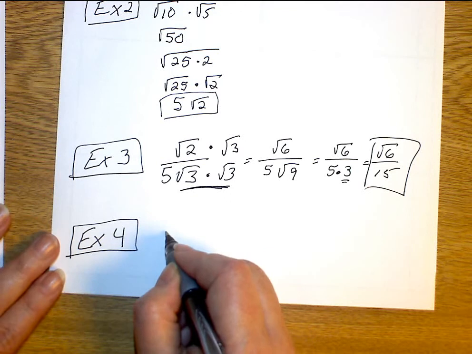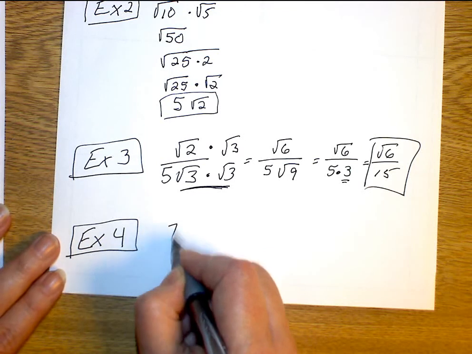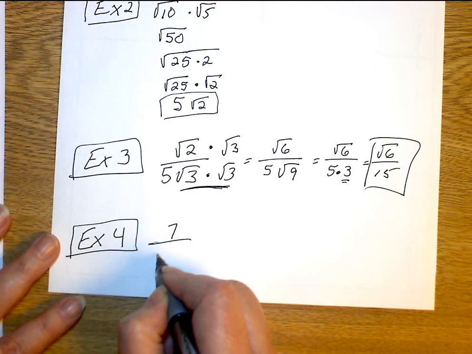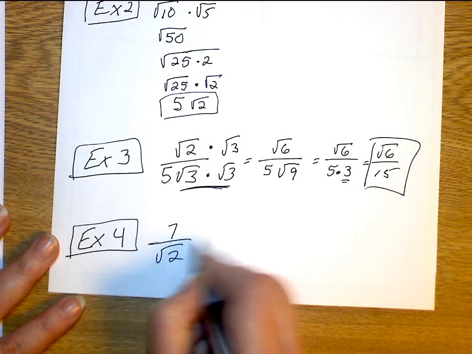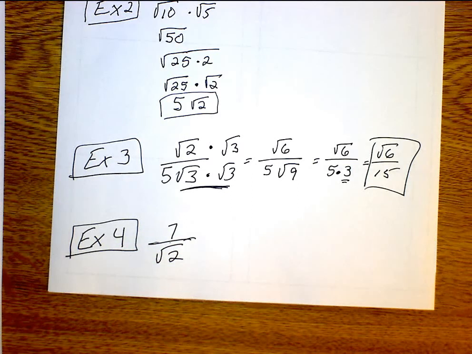We'll do 7 over the square root of 2. All right, what's my first step, class?